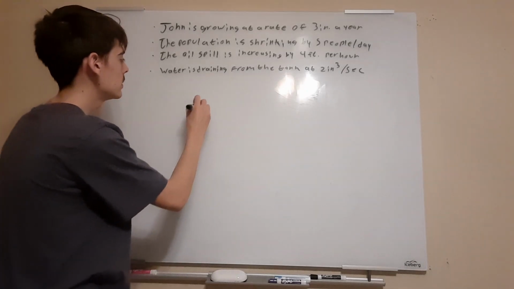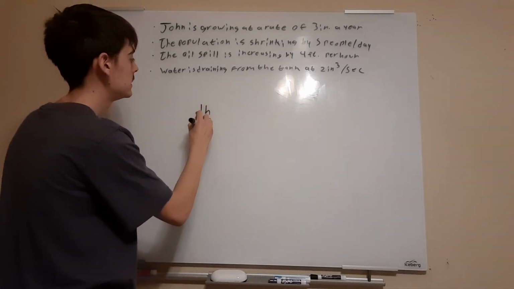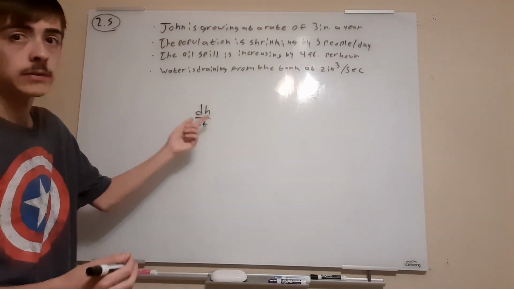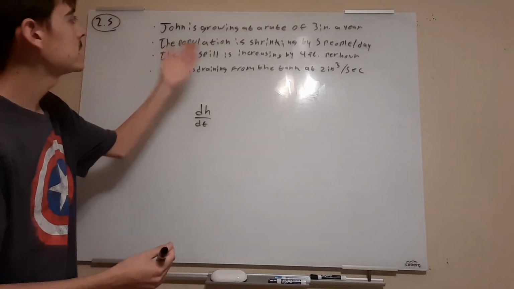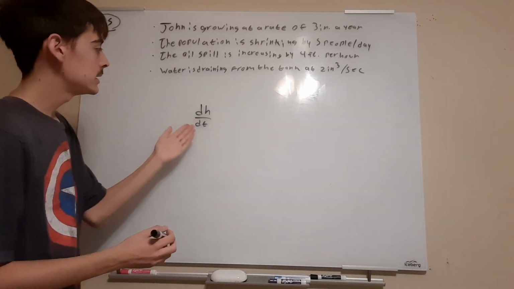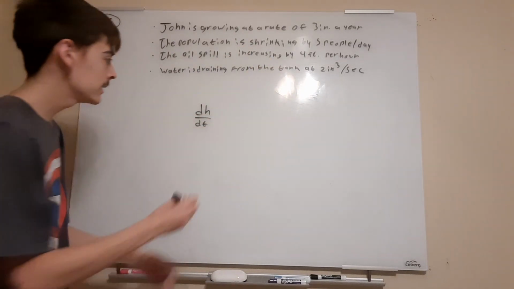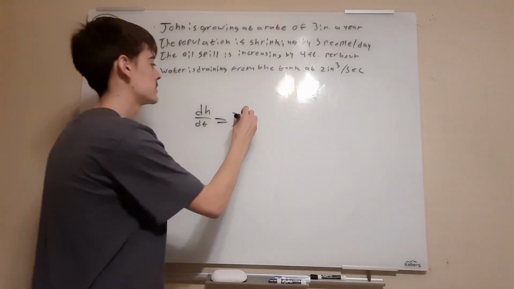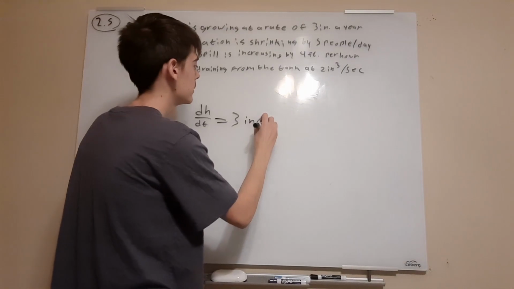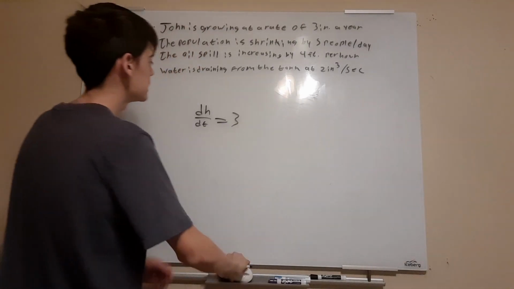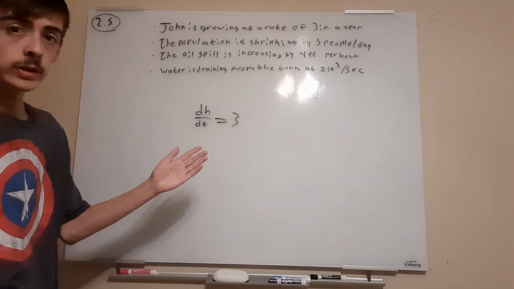So we're going to do dh dt, letting h be height, to show that it's a rate of change of height. And it's a rate of 3 inches per year. So dh dt, the rate of change of his height, is going to equal 3. If we wanted the units, we could say inches per year, but all we really need to know for right now is that dh dt is equal to 3.